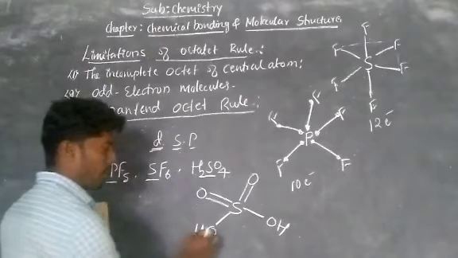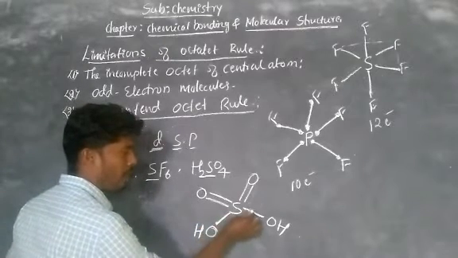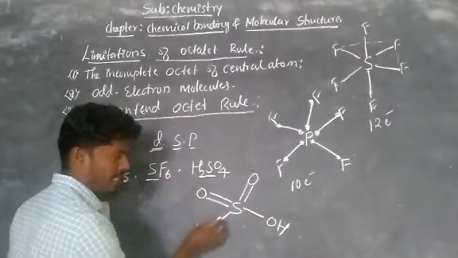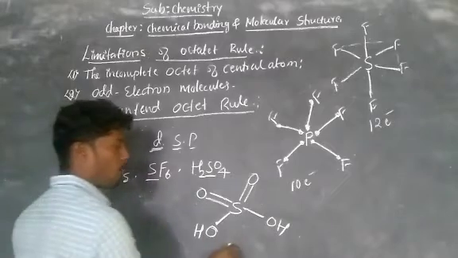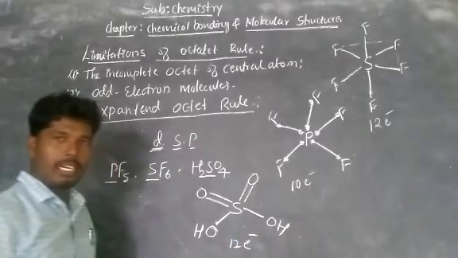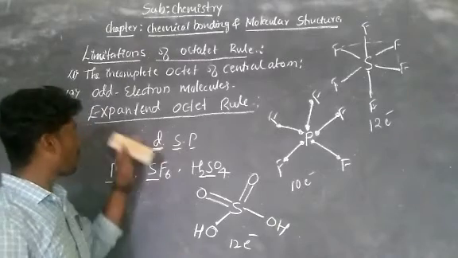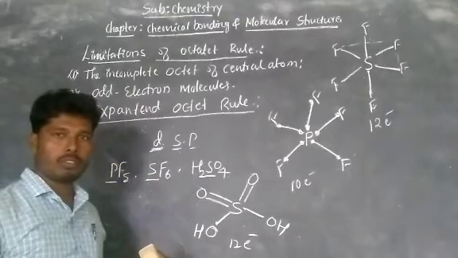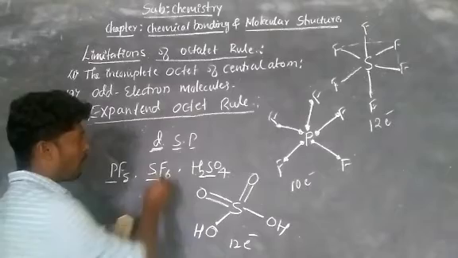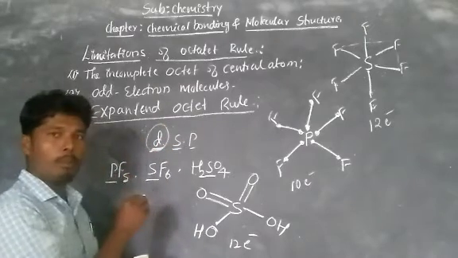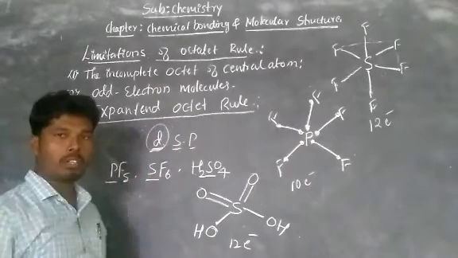So observe here, around the sulfur 1, 2, 3, 4, 5, 6. 6 bonds means 12 electrons. Compounds that exceed 8 electrons are called expanded octet. When the d orbital is present in a molecule or compound, they exceed the octet.